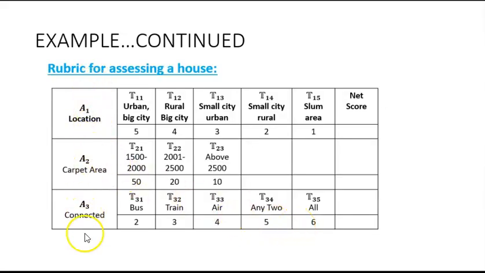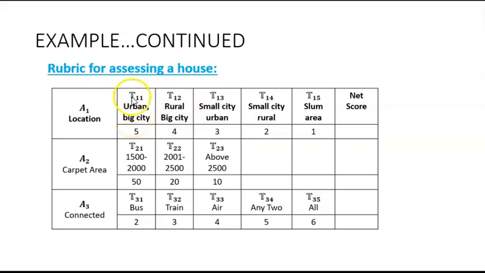You see in the first column here, you have written attributes A1, A2, A3. Location, carpet area. The attribute A3 which represents connectedness by bus, train, air, any two or all. And for A1, we have written all the threshold values here.